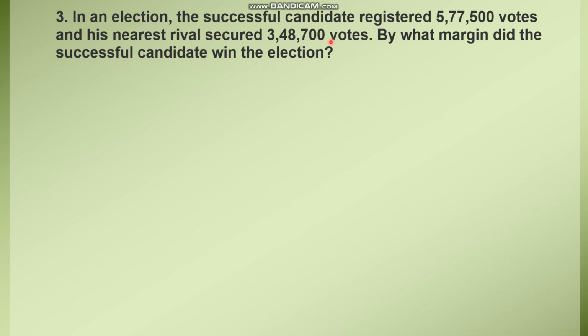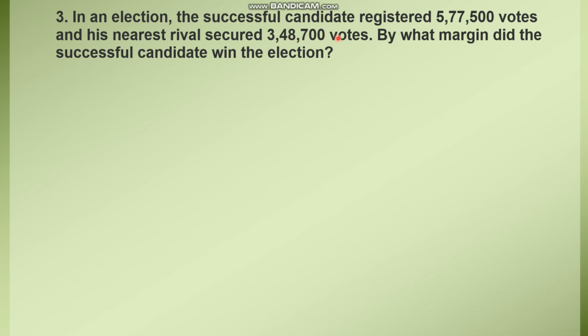Read the question once again. In an election, the successful candidate registered 5,77,500 votes. And his rival secured 3,48,700.